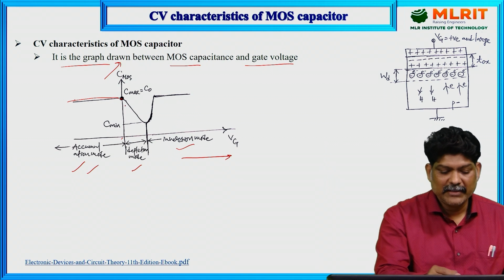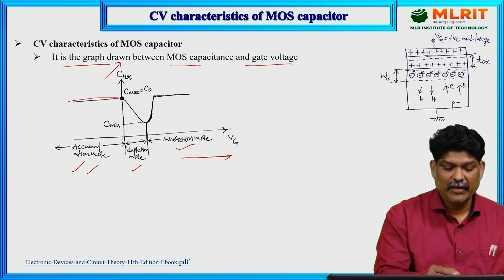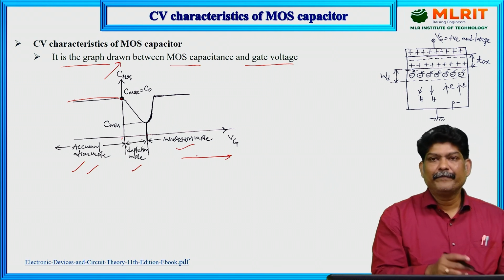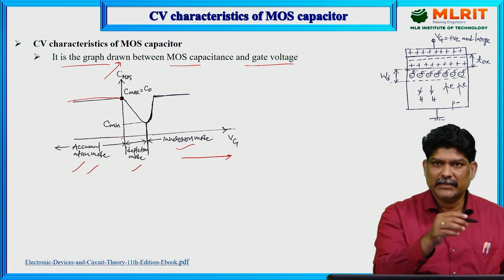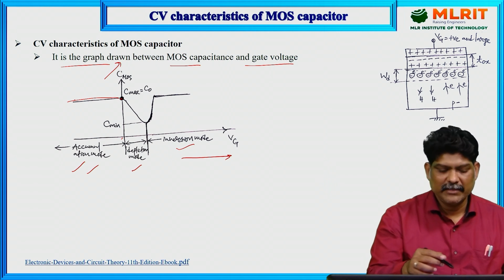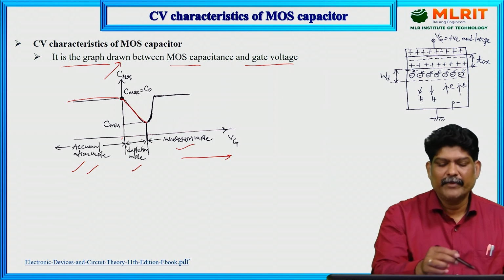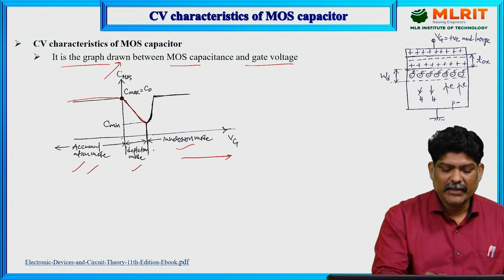After that, when Vgs is positive, that is depletion mode. When Vgs is positive up to a certain gate voltage, there is a sudden decrease in the capacitance in depletion mode. You can observe the decrease up to some extent, and after that there is an inversion mode.